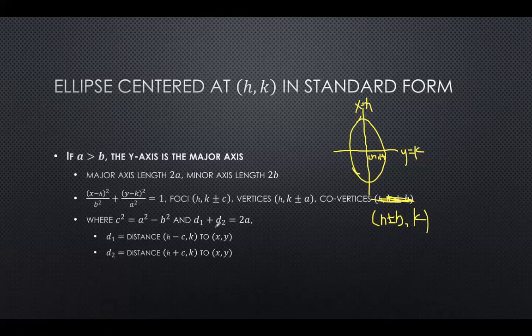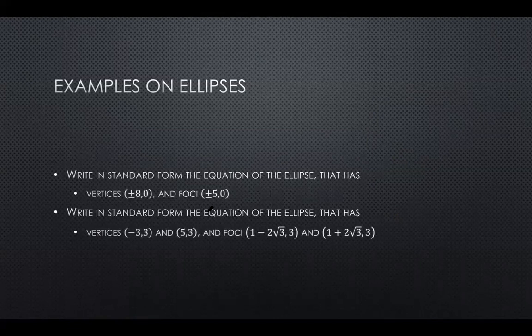Let's see some examples. In the first case, we have the vertices and foci on the x-axis. That means the center is at the origin, and the major axis is the x-axis.